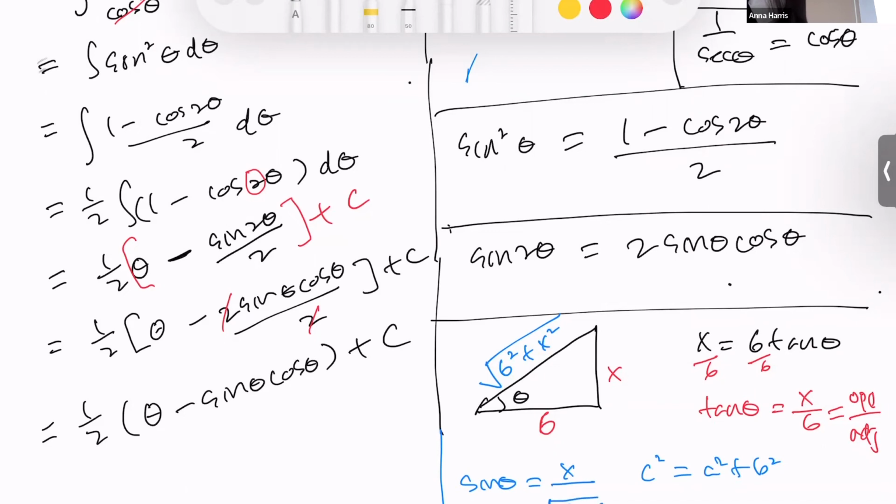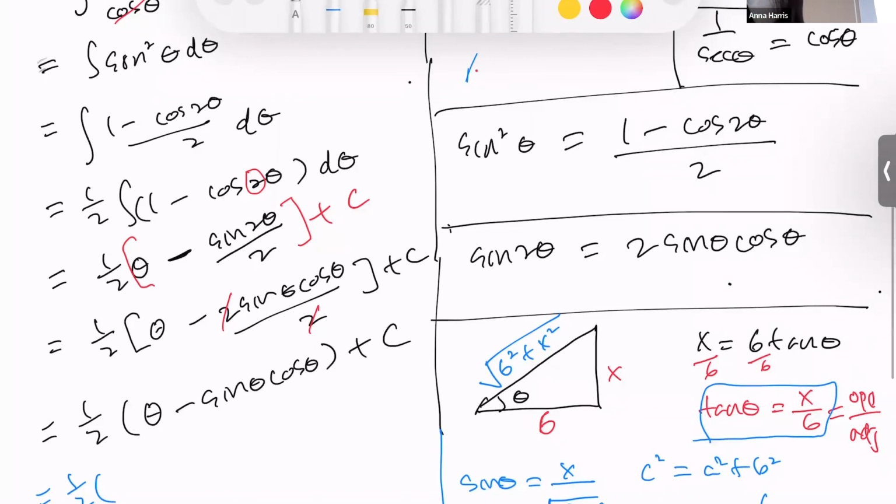Then what's cosine? Adjacent will be 6 over square root of 6 squared plus x squared. So I'm going to just write down all that. Oh, what's theta? Remember, you have this. You have this. So what's theta? You need to apply what? Arctangent, right? Arctangent.